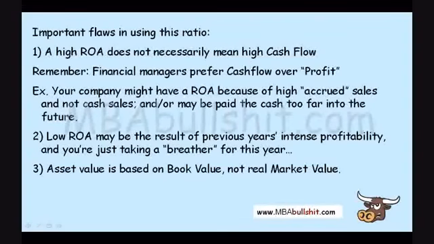Well, maybe you bought the building for $3 million and, minus depreciation, it is now valued in the book, but not in the real world, at only $2 million. But the real value, if you were to sell it, might actually only be $1 million. So the asset value in computing ROA is based on the book value and not the real market value of your assets.